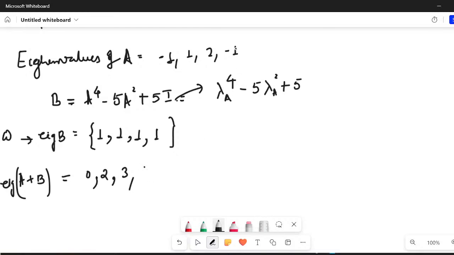Last one was minus 2, my mistake, sorry. So for minus 2 also, because these are all even powers, I'll get 1.